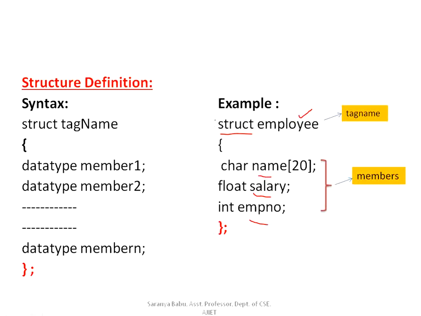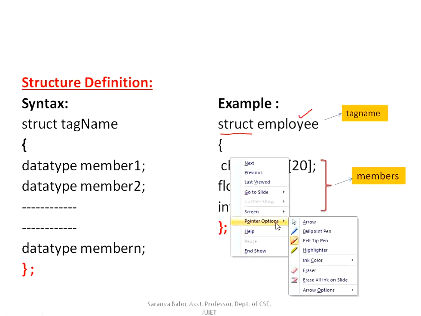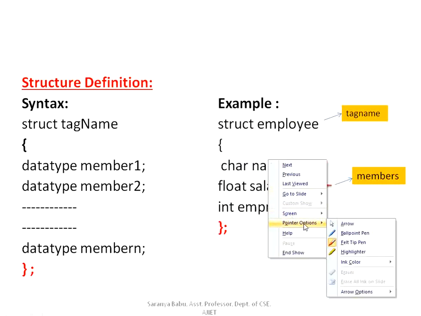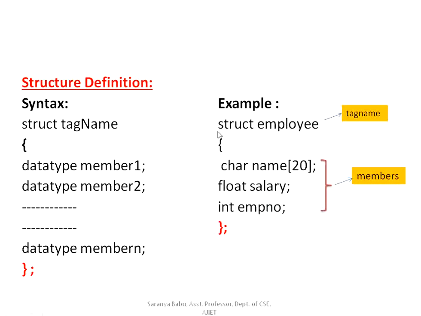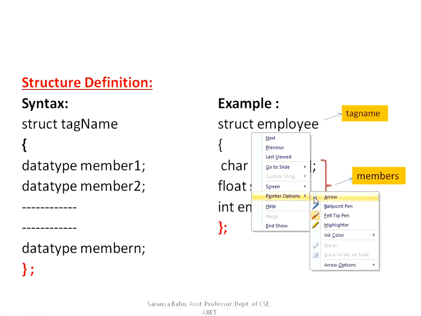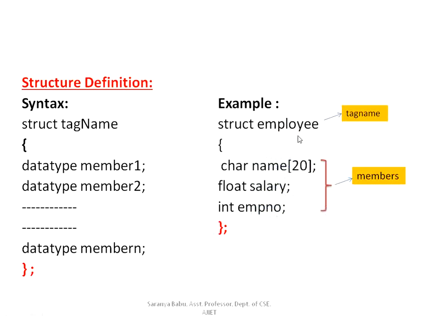So whenever you are defining a structure, how do you define? You'll define the structure with the keyword struct followed by the tag name. What is the tag name that you are giving?